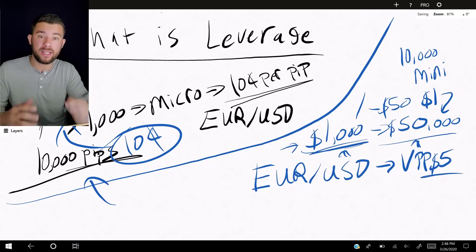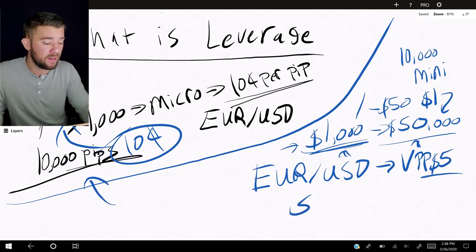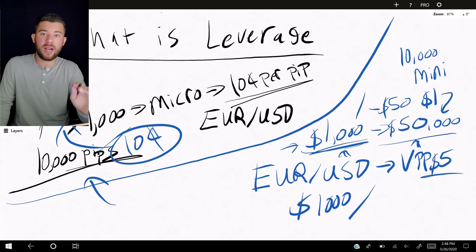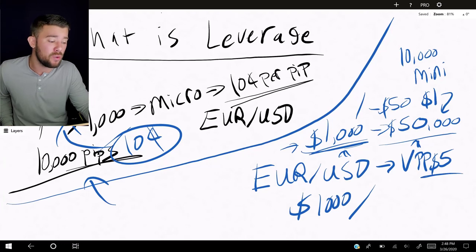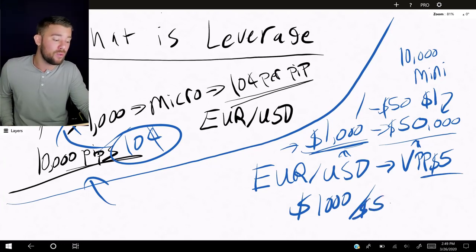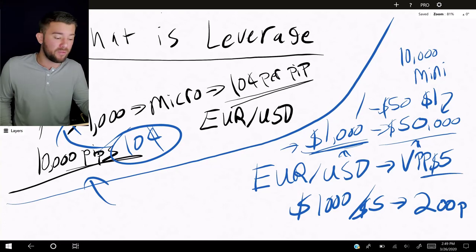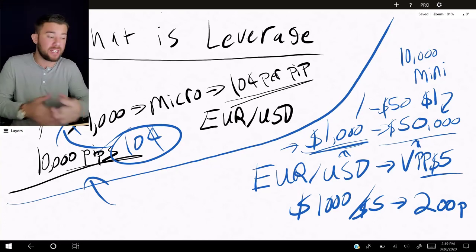Your account balance is $1,000, because again, they're not going to allow you to lose more than $1,000. And if you're risking $5 per pip, let's finish the math: $1,000 divided by $5 means you only have 200 pips, because 200 times 5 is $1,000. That takes your account away.